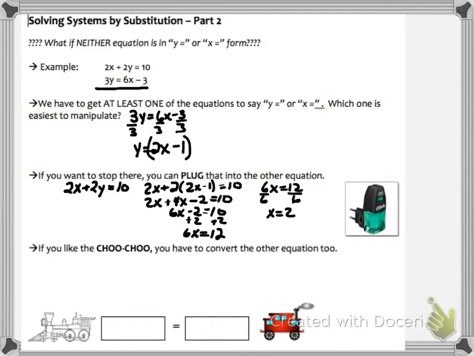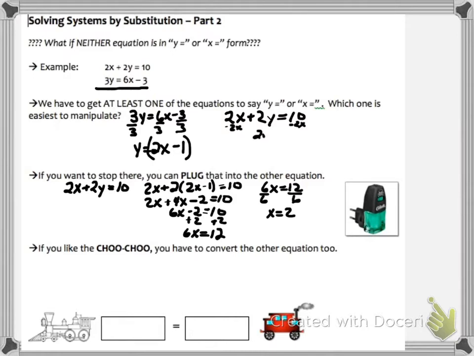Now, if I liked the choo-choo train method better, I could have turned both equations into y equals, and that second equation again was 2x plus 2y equals 10. If I wanted to turn that into y equals, I'd subtract 2x from both sides.